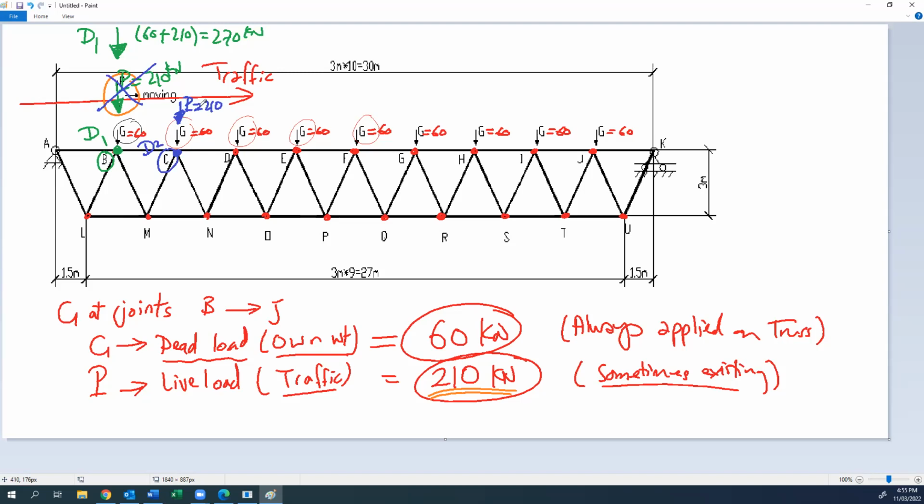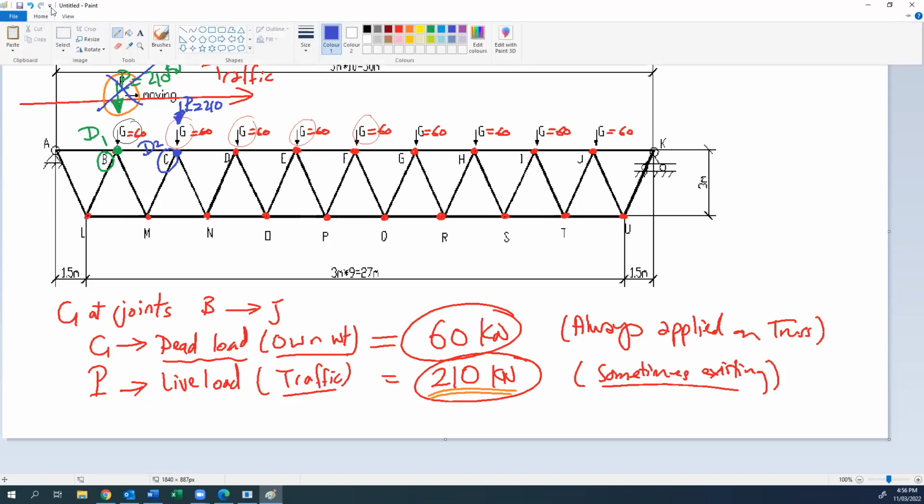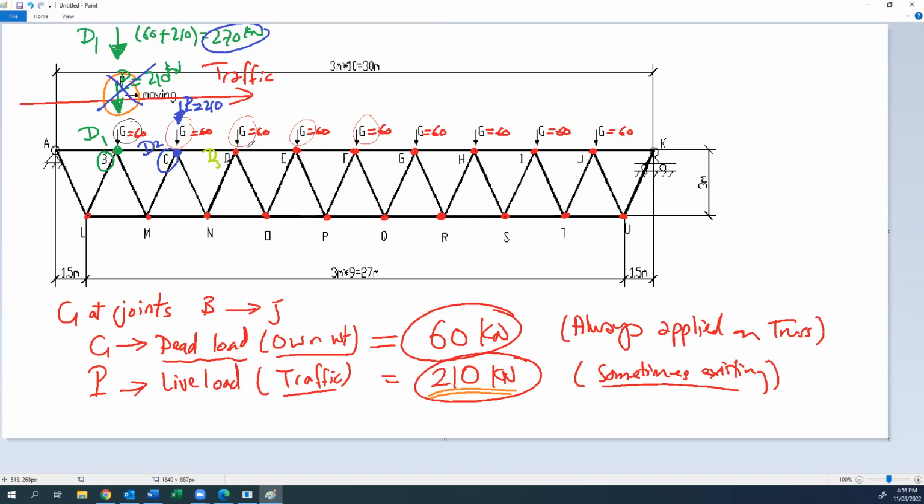The total load at C for group D2 will also be 270, but at C. Group D3, the load B will be at joint D, with B equal to 210, so the total load will be 270, but at joint D. The last group for this class is D4: the load is applied at joint E, B is also 210 kilonewtons, so the maximum load is still 270.